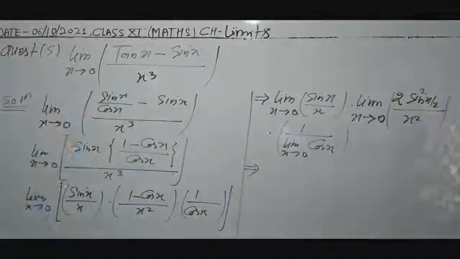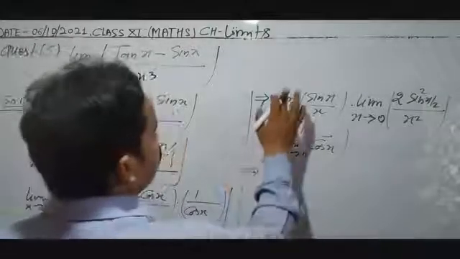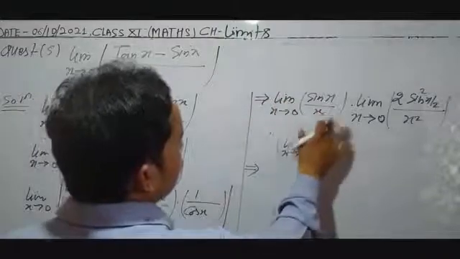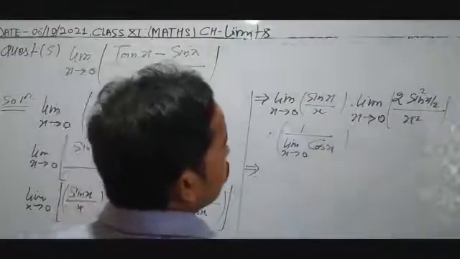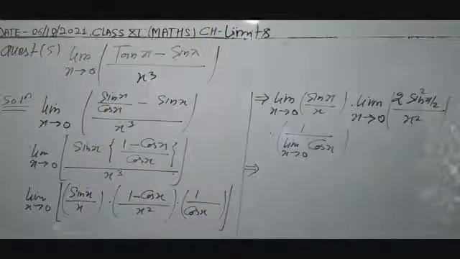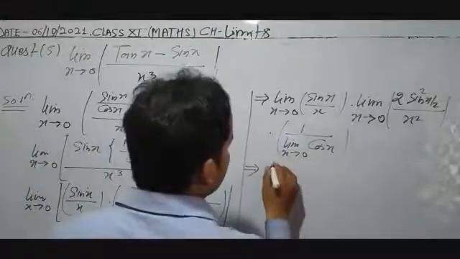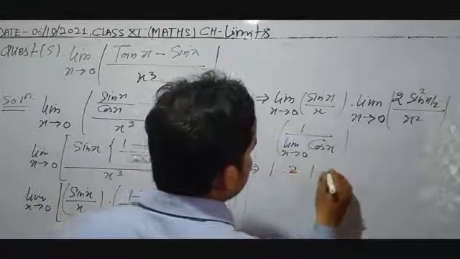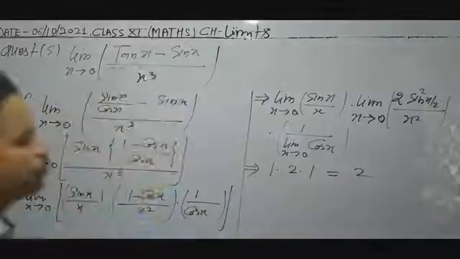Now see, after putting its value by the sandwich theorem, limit theta tends to 0, sin theta upon theta value is 1, and this calculation will be 2 and this calculation will be 1. So 1 into 2 into 1, the result you will get 2.